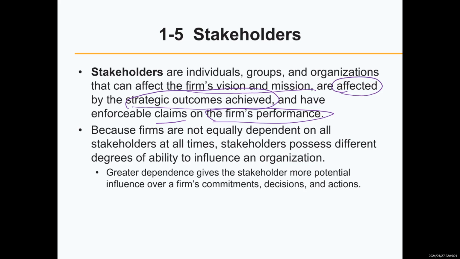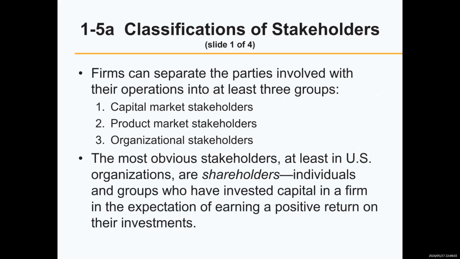So if we talk about the classification of stakeholders, firms can separate the parties involved with their operation into at least three groups. Number one is capital market stakeholders. Number two, product market stakeholders. Number three is organizational stakeholders.